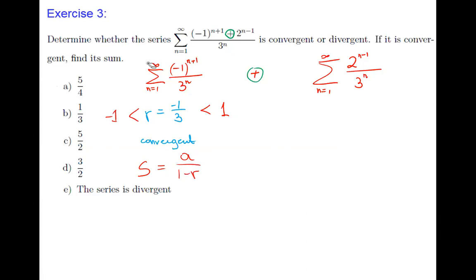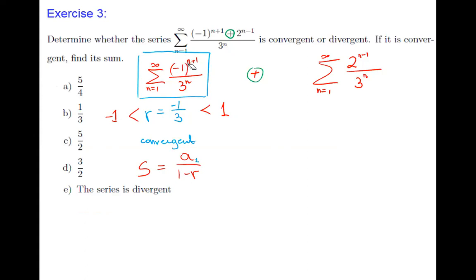Looking at the formula, I can box it using the blue color. We have the r, -1/3. Do you think you can tell me the first term? What is a? A is the first term. We're not really writing a sub 1, but this is a sub 1. Can you substitute 1 instead of n?